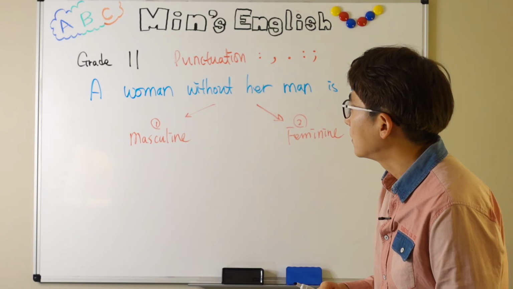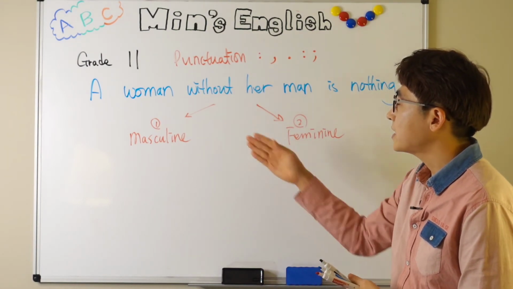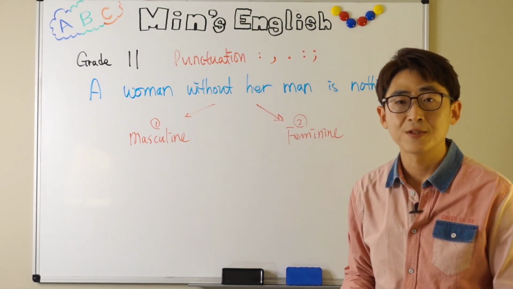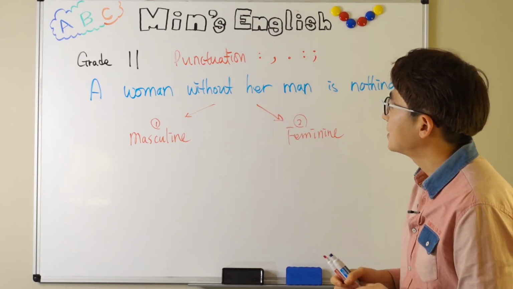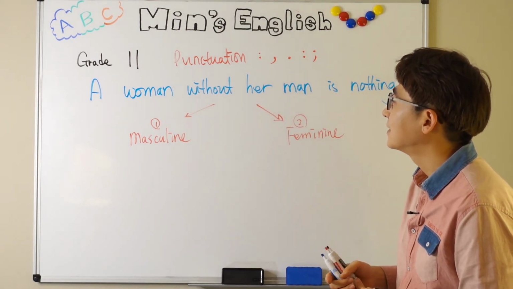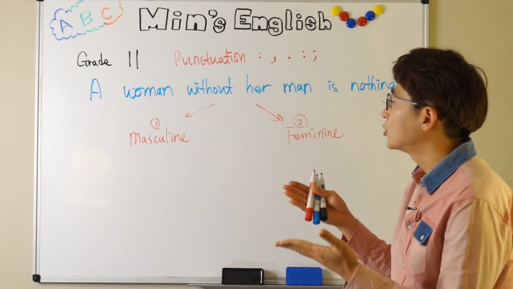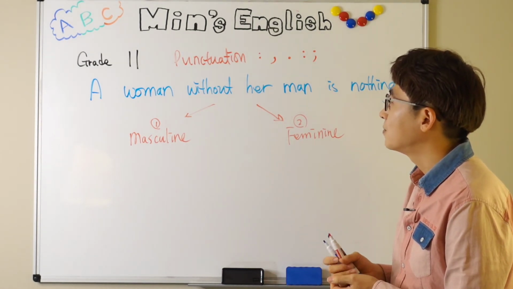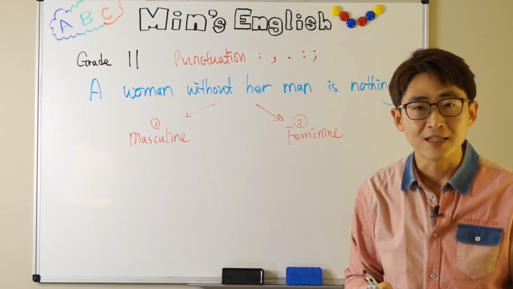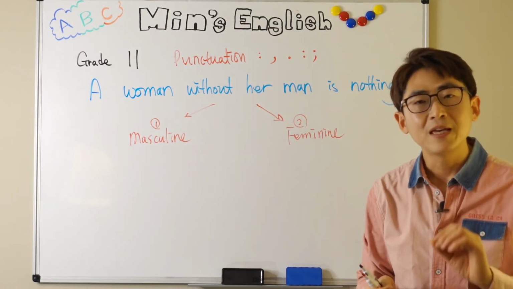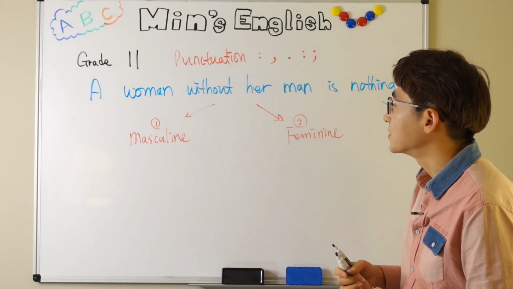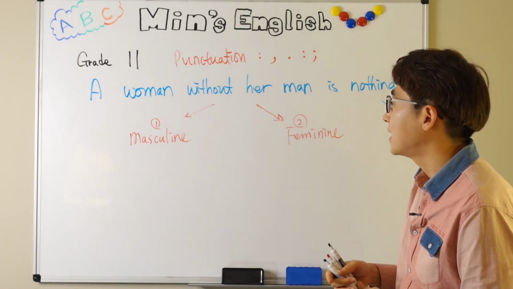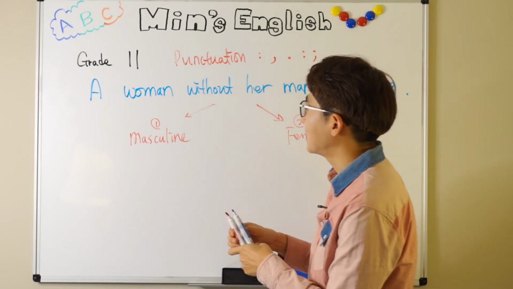Okay, so an English professor tested this one with his students. So what he did was he gave his students this sentence and he asked them to put punctuation to make it into a meaningful sentence. And what's amazing was most of the male students in his class came up with something like this.